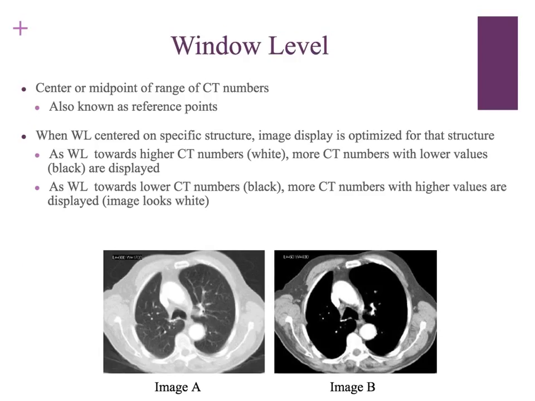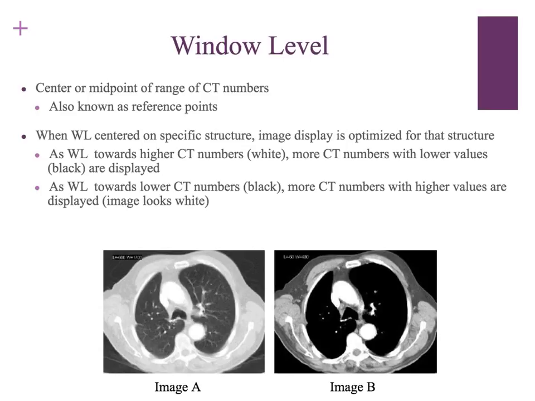Window level is the center or midpoint of the range of CT numbers, also known as the reference point. When window level is centered on lungs, the image displayed is optimized for that structure. So when it is centered on the pelvis, for example, then the image displayed is optimized for the pelvis, where the pelvis appears white and the lungs then appear black.